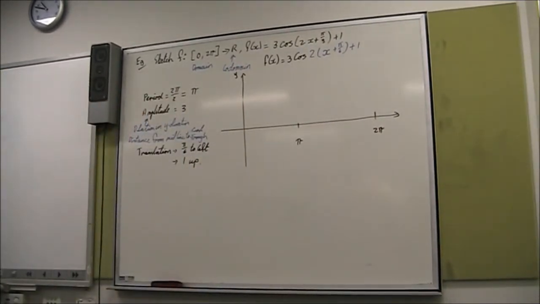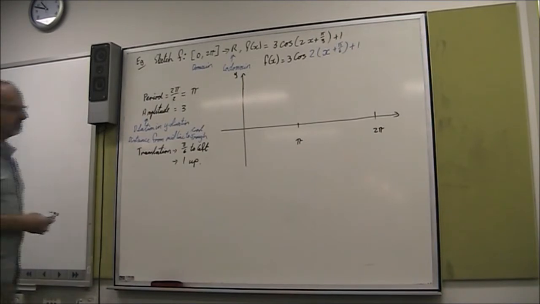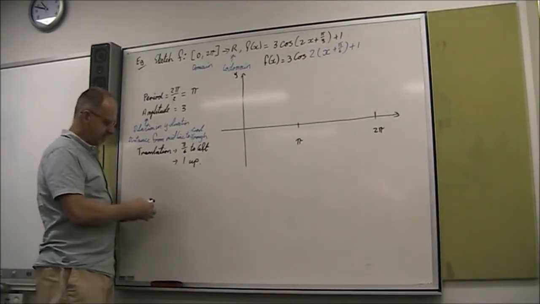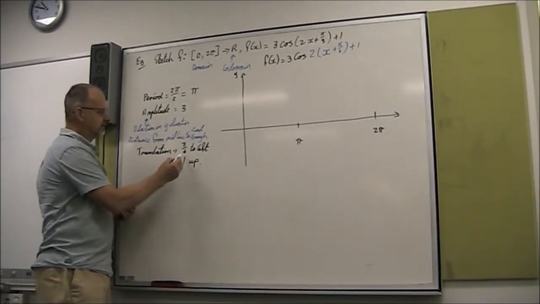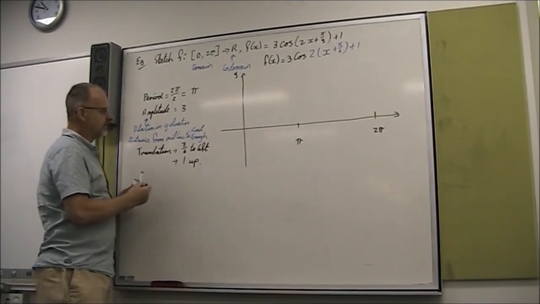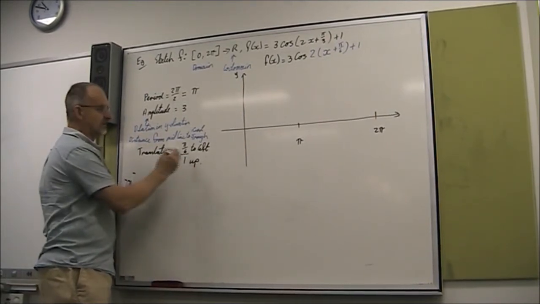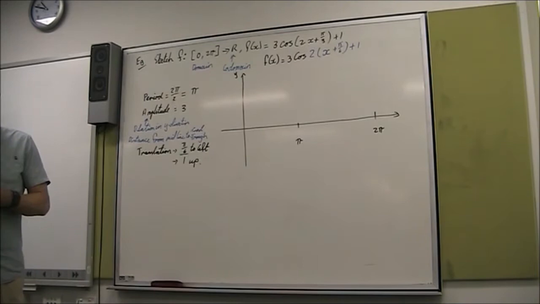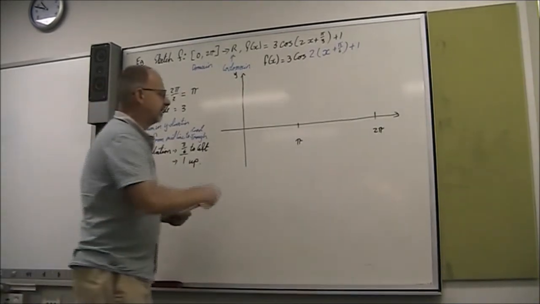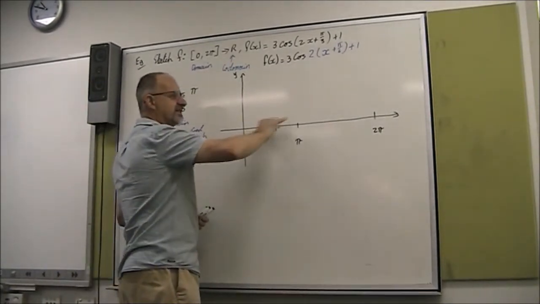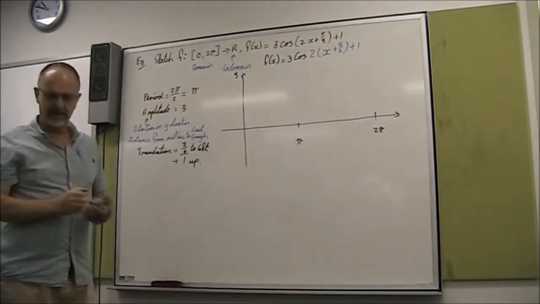Alright, now, because I've got this translation here of pi on 6, what I then like to do is to mark in pi's on 6 in here.